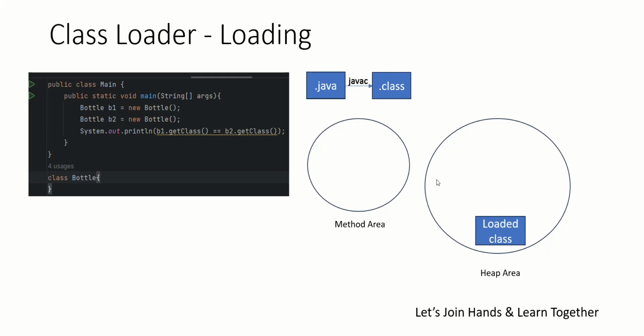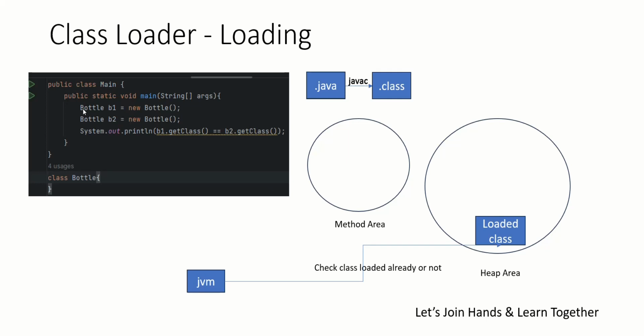Basically, the JVM checks whether the String class object is already loaded in the heap area or not. If it is already loaded, it will take that reference. If it is not loaded, it will request the class loader subsystem to load it. Now consider String is already loaded.